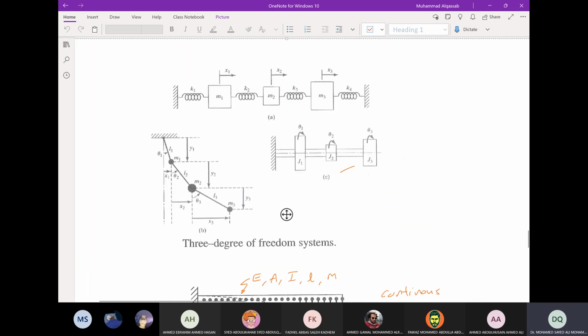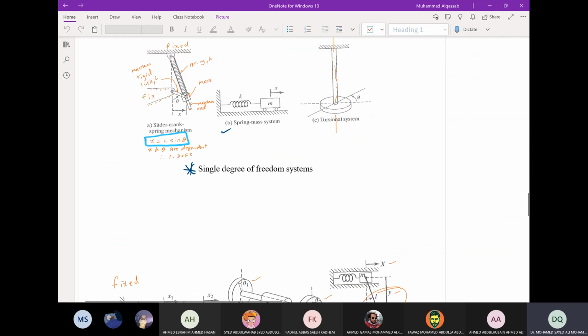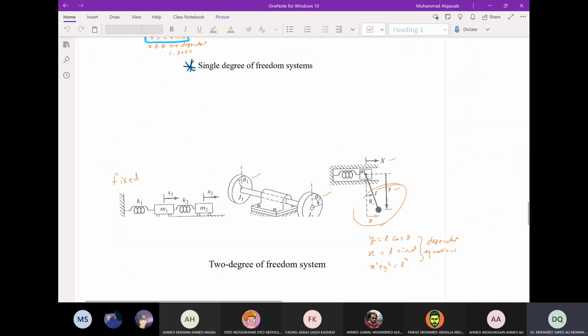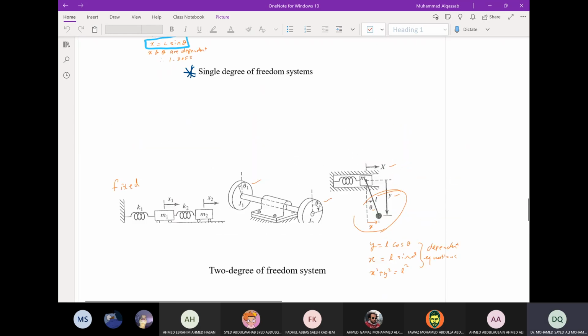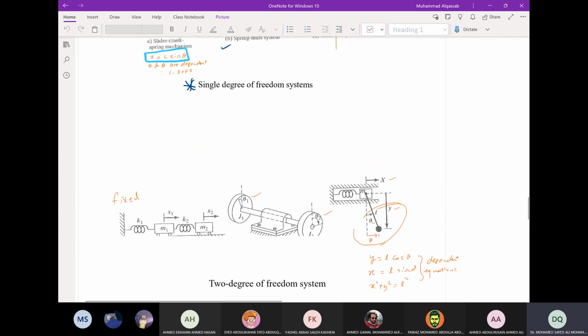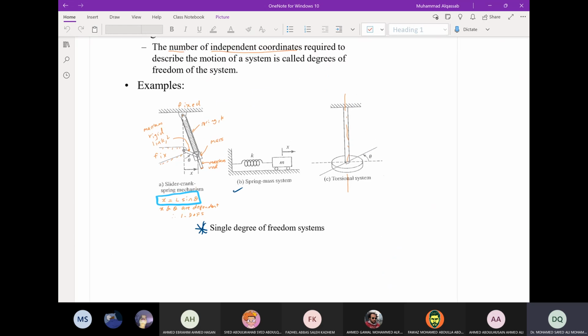The type of problems or systems we have here, in single degree or 2 degrees, we call a discrete mass system, where the masses are lumped at points without any description of the shape or dimensions.